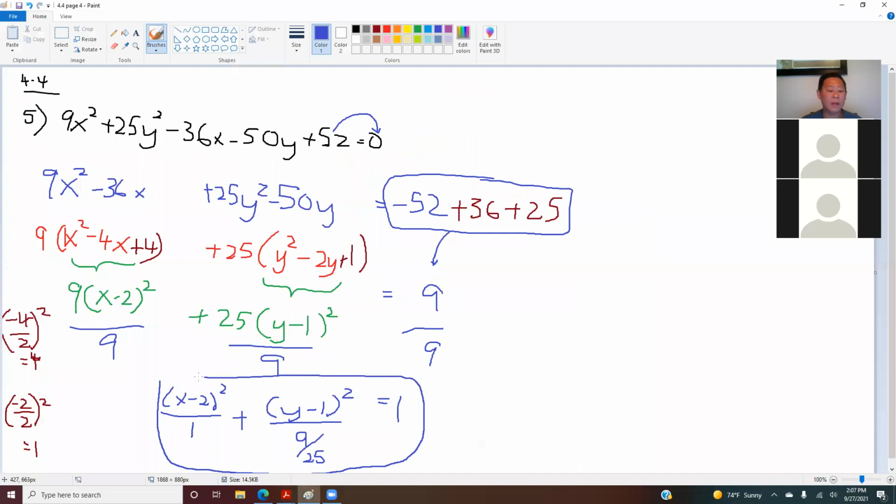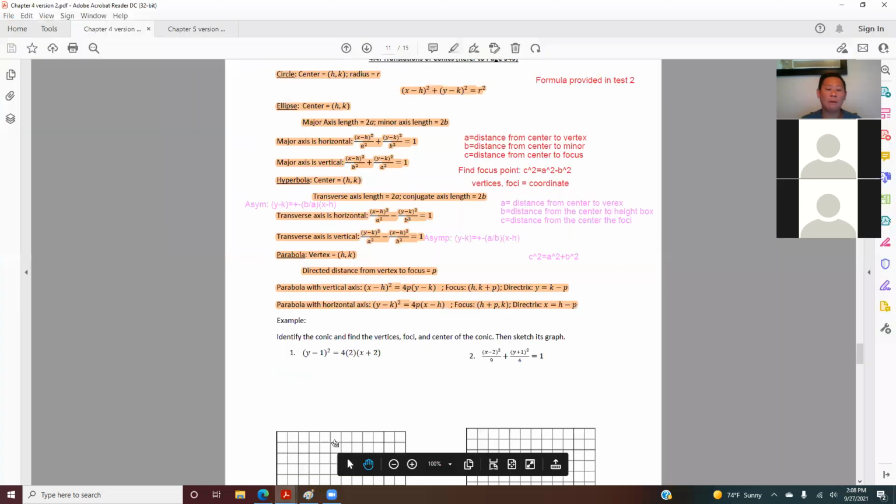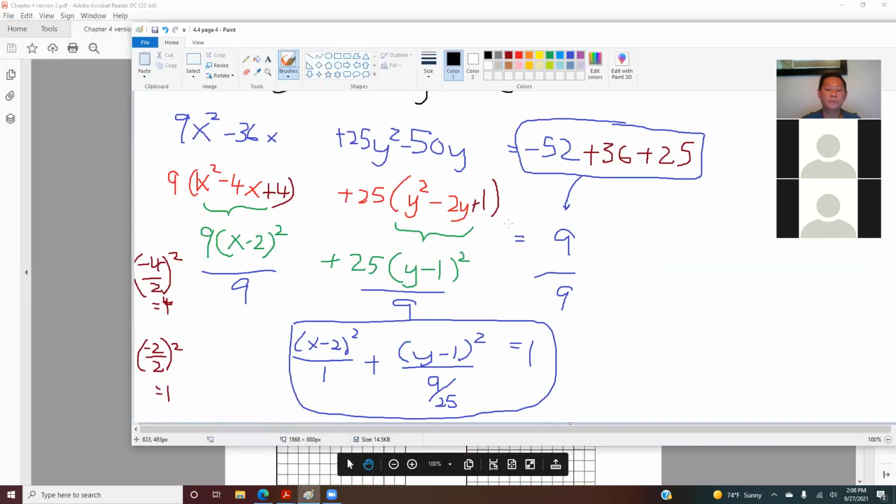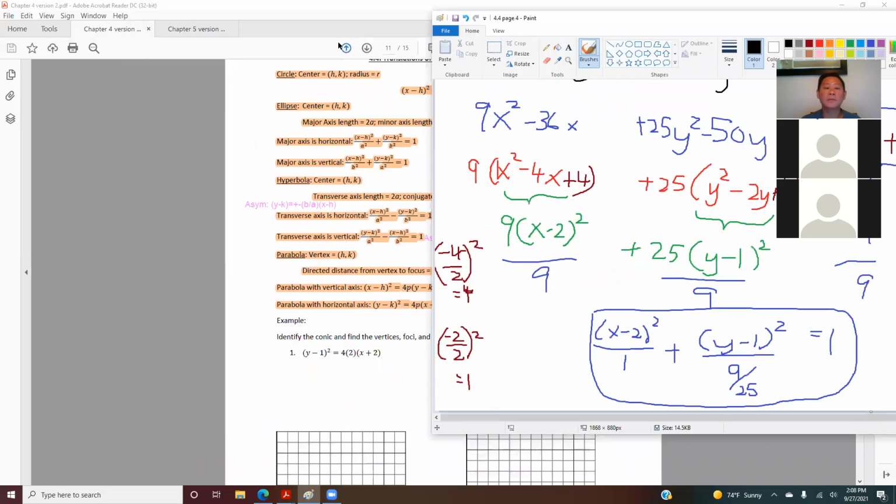So with this equation that we have, can someone tell me what kind of conic section this is? Is it a circle, ellipse, hyperbola, or parabola? Anyone? What do we call this?